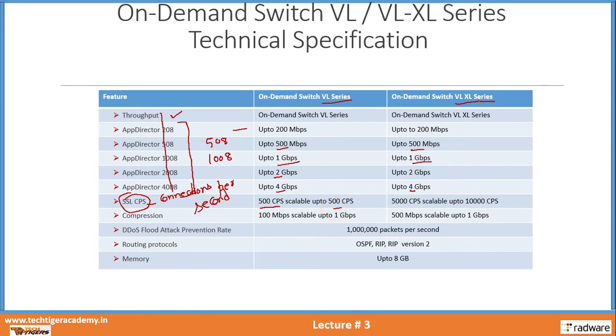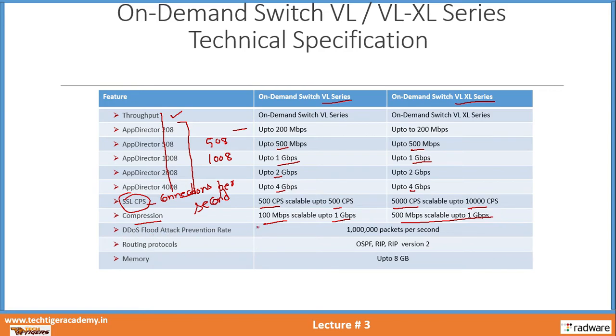And the on-demand VL-XL provides from 5,000 connections per second up to 10,000 connections per second. For compression, the VL provides from 100 Mbps to 1 Gbps compression throughput, and the VL-XL series provides from 500 Mbps up to 1 Gbps.